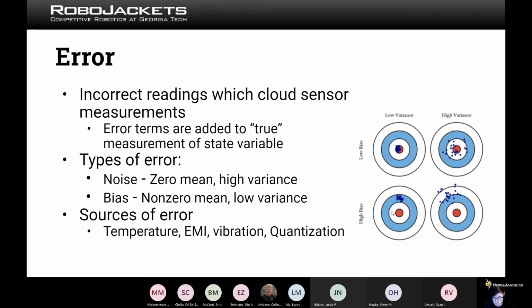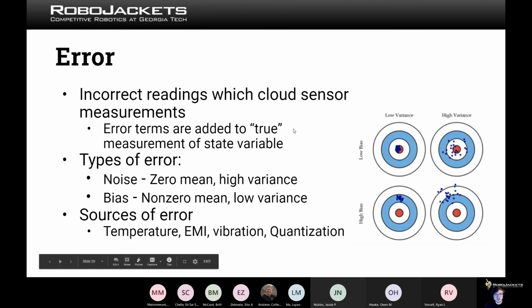And then if we look at the bias, it's just shifted away from the center. Our readings are consistent, but they're consistently shifted, so you may have to account for that. And then if there's high bias and high variance, then you're running into some fun filtering issues that you'll have to deal with on how to get it back close to that center.